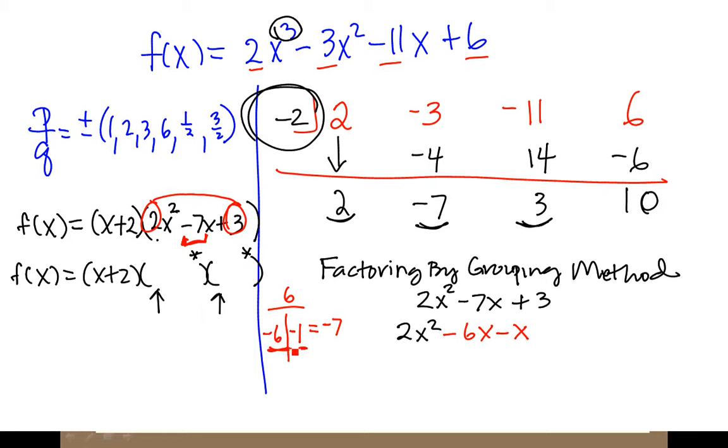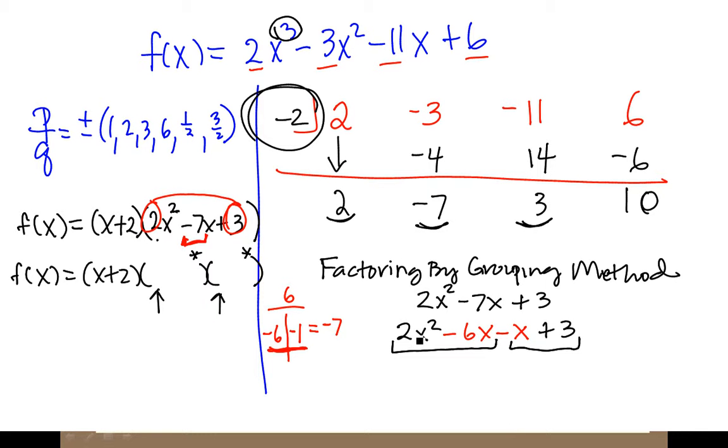I got that from here. Plus 3. So basically we expanded that trinomial into 4 terms. And now once you have 4 terms, there's a possibility you can factor by grouping, and that's what we're going to do here. We're going to group the first 2 terms together and the last 2 terms together.